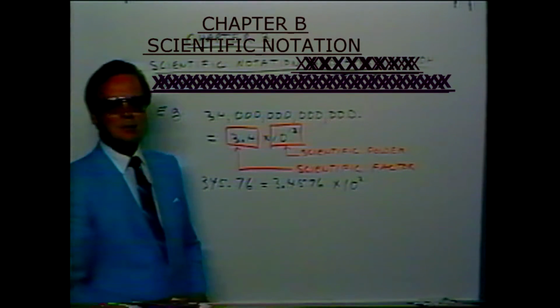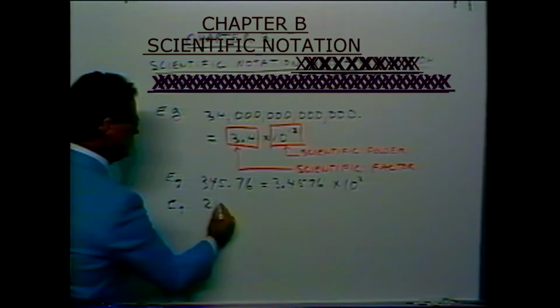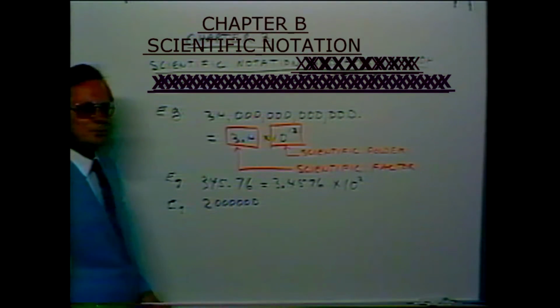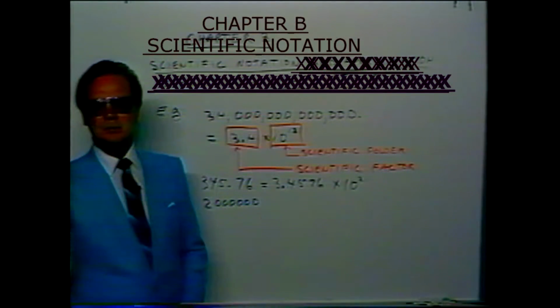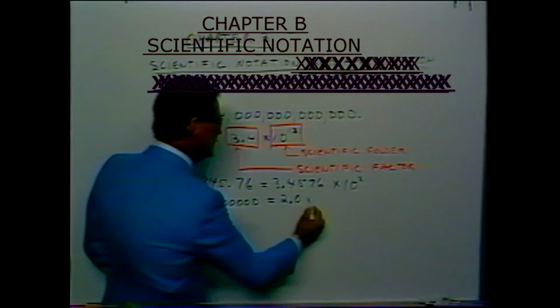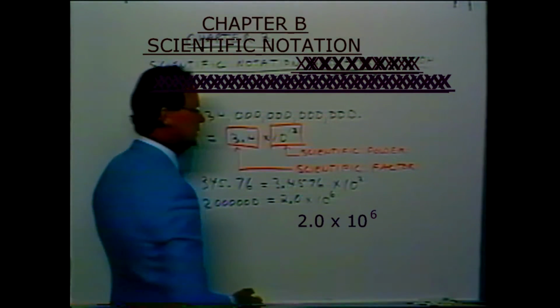Here is another example. 2 followed by 6 zeros. We can write 2.0 multiplied by a scientific power, so 10 to the 6th is the scientific power.